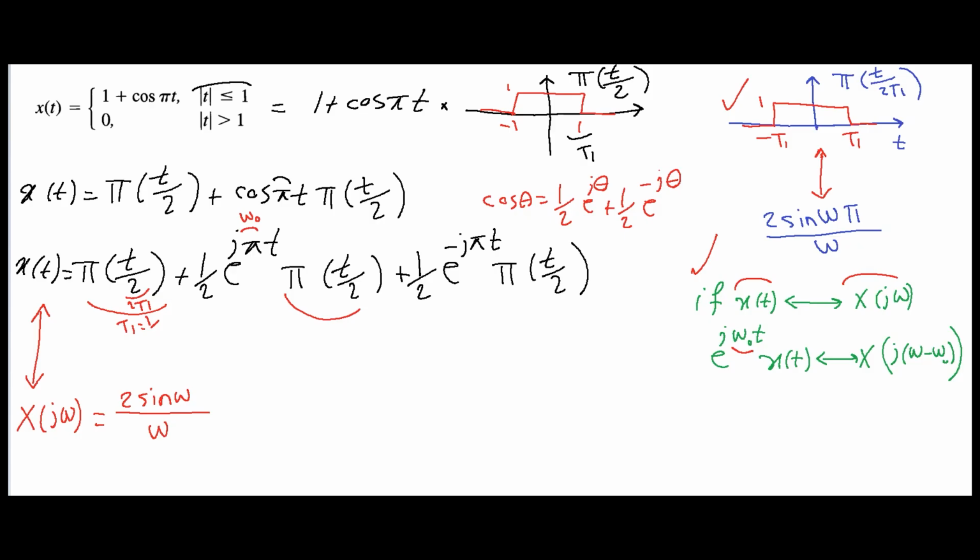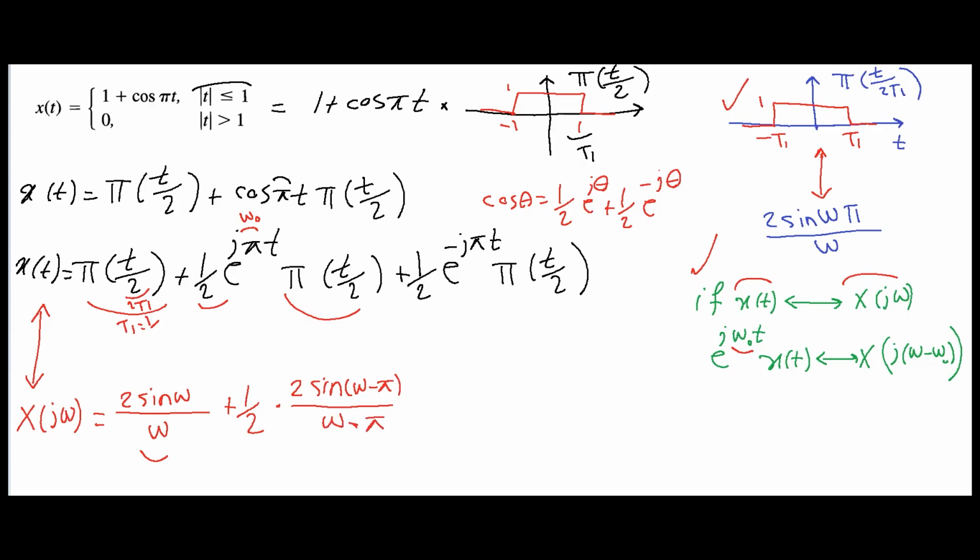So its Fourier transform becomes one half multiplied by 2 sine of omega minus pi divided by omega minus pi.